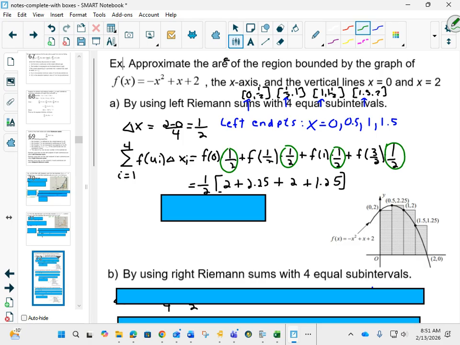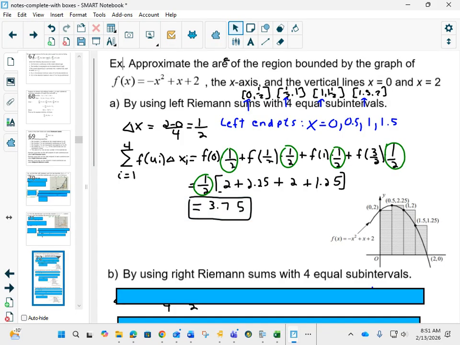So instead of doing so much difficult mental math by timesing by half, I could factor that half out in front. That gives me a little bit easier mental math. I just now have to add the 2 plus the 2 plus the 2.25 plus the 1.25. And I'll end up getting 3.75.